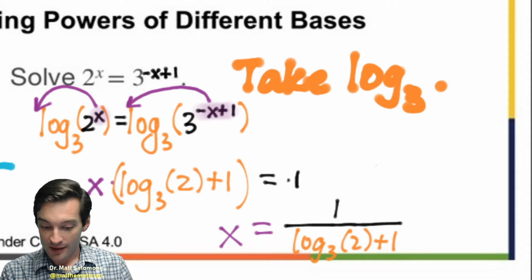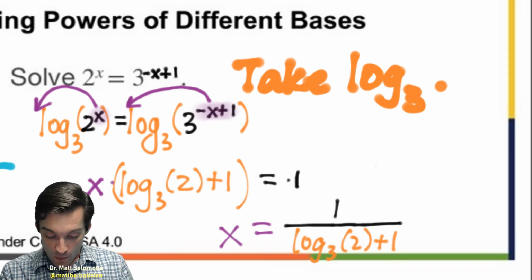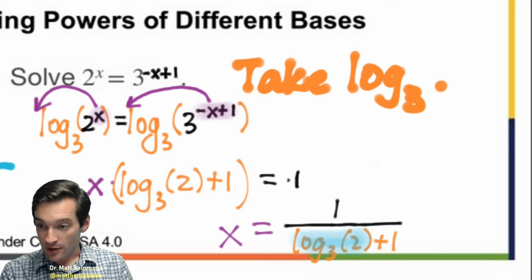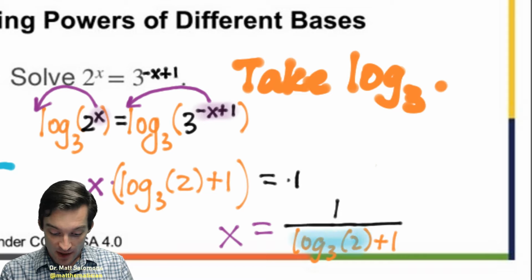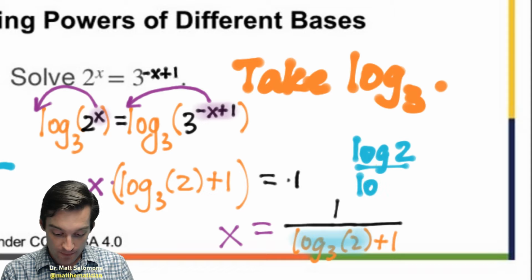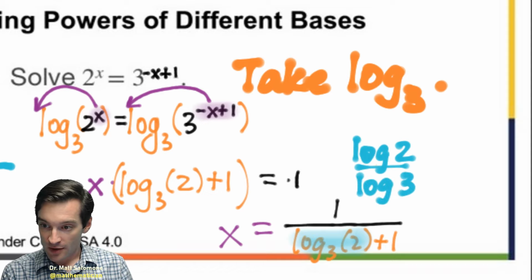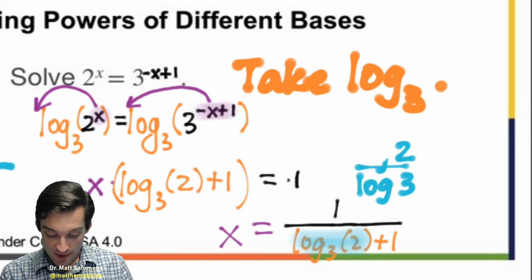plus 1. And yet again, if we want a decimal approximation for log base 3 of 2, we would have to hit that with the change of base formula, rearing its ugly head once again. I would get the log of 2 divided by the log of 3 for that expression. We can choose whatever base we want to. So I don't know, maybe we'll choose a base of e, make this a natural log again.